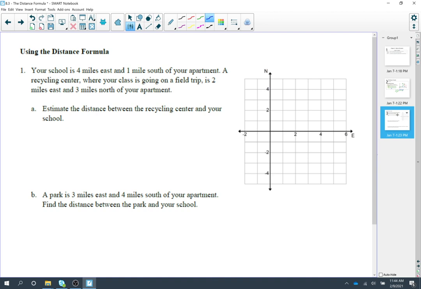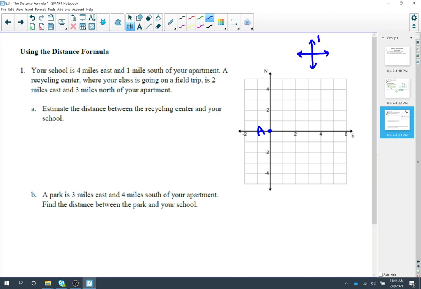First of all, we're taking everything and making it from our apartment. So we're going to say that our apartment is here at the origin, which is at 0, 0. The next thing we have to remember is our north, south, east, and west.